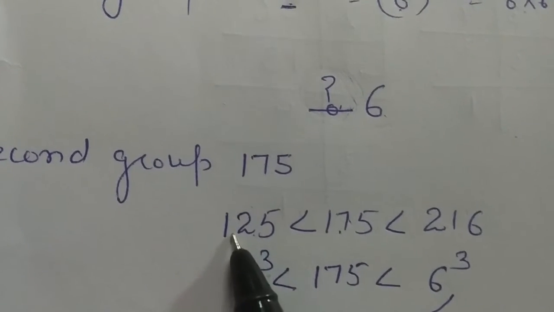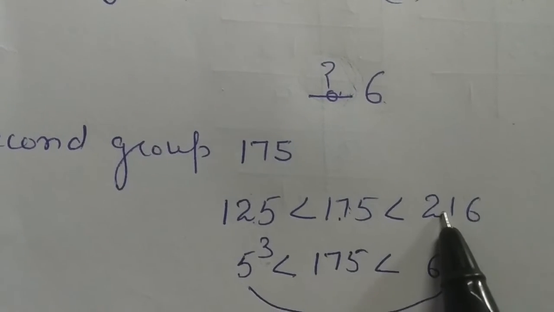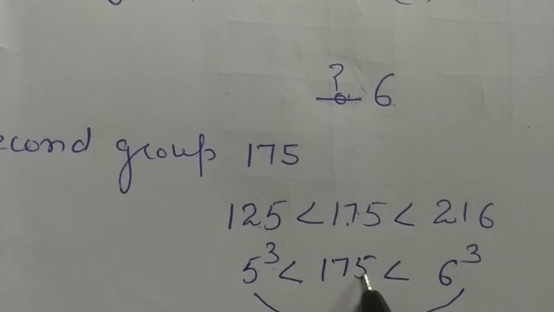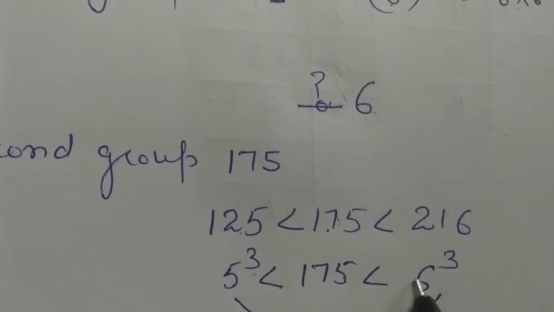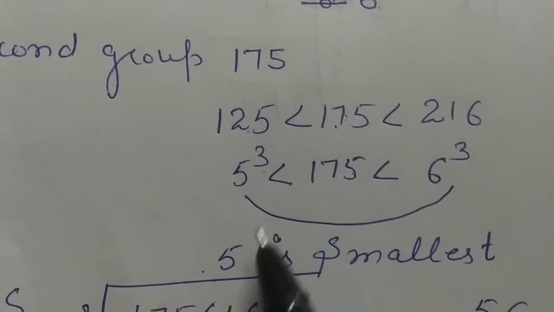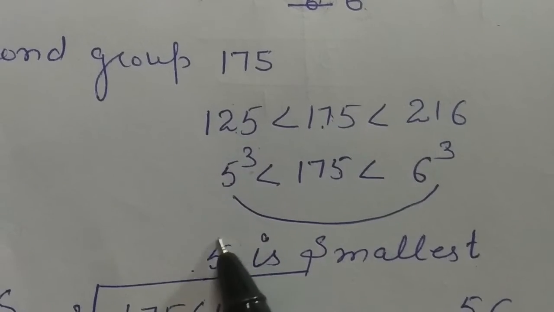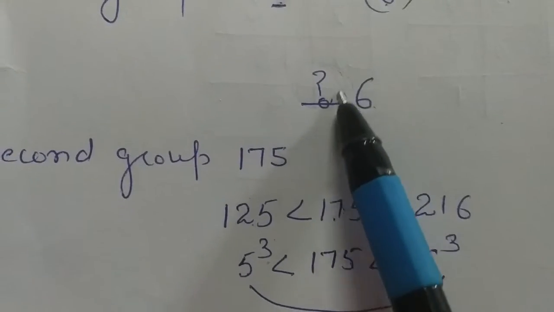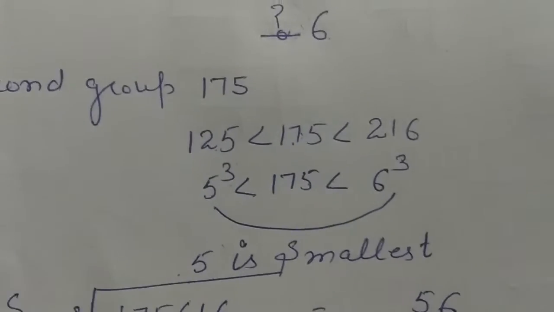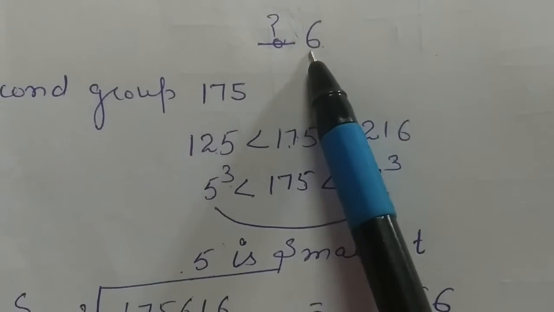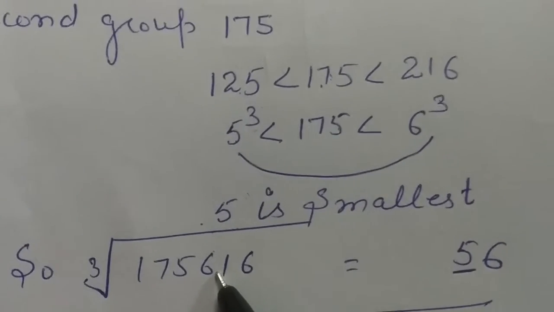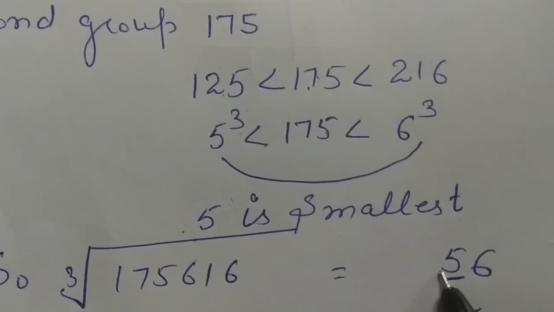So I have written 125 less than 175 less than 216. We can write it as 5 cube less than 175 less than 6 cube. Which is the smaller of these two numbers? We know that 5 is smaller, and you will write this 5 in the missing place. This 6 we have taken from here. This is the answer. Cube root of 175616 is 56.